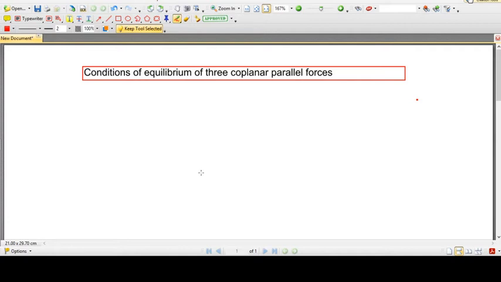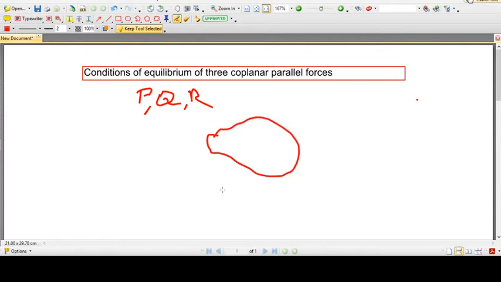First of all, let us take the three forces P, Q, and R. They are parallel forces, and the three forces are in equilibrium, acting on a single particle. For example, suppose we take any particle like this, and any two forces, the three forces are parallel forces.